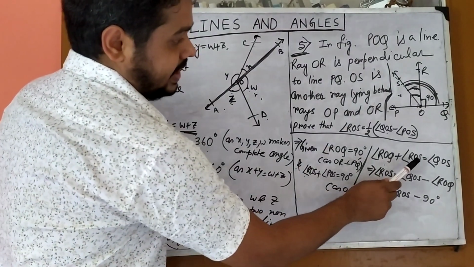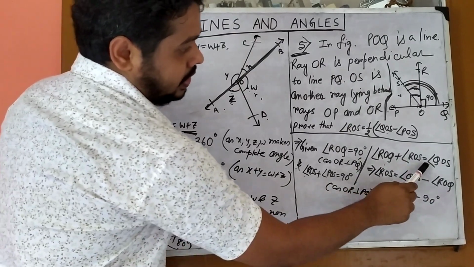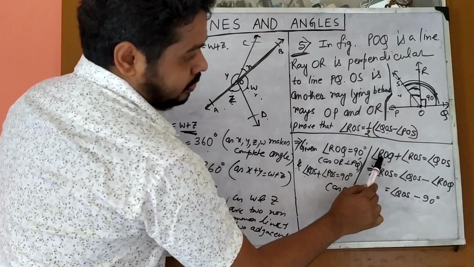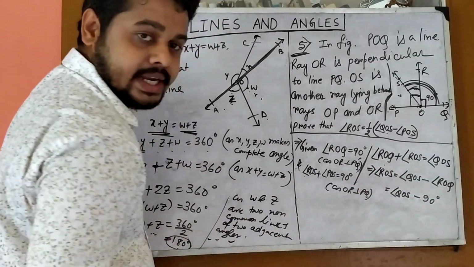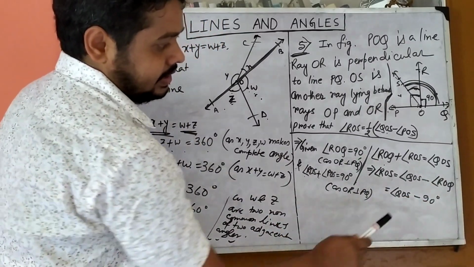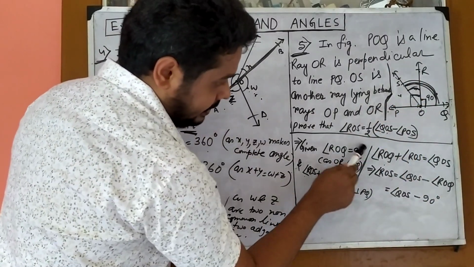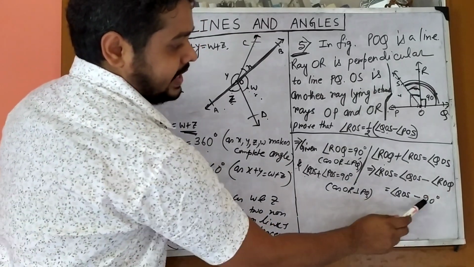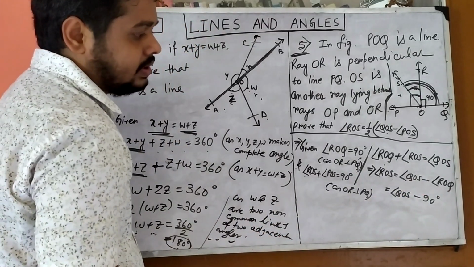So we can write ROS equals QOS minus ROQ, taking this ROQ portion to the right hand side. Now the value of ROQ is 90 degrees, so in place of ROQ we can put the value 90 degrees.